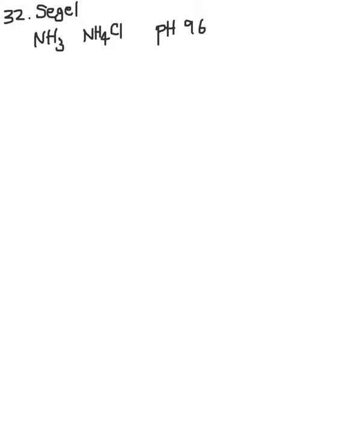thing to notice is that ammonia and ammonium chloride is actually the conjugated pairs. So in this question, it requires you to use the Henderson-Hasselbalch equation to solve for the ratio between ammonia and ammonium chloride at the right pH, which is 9.6.